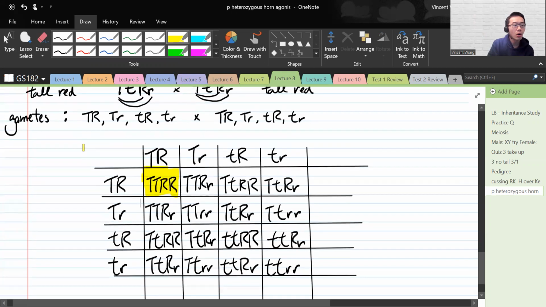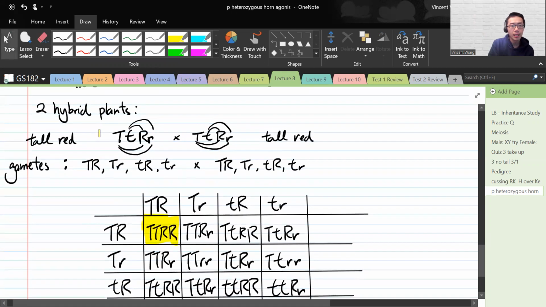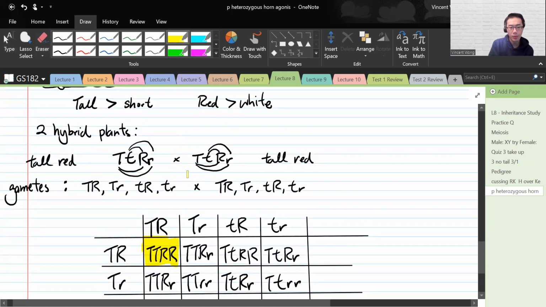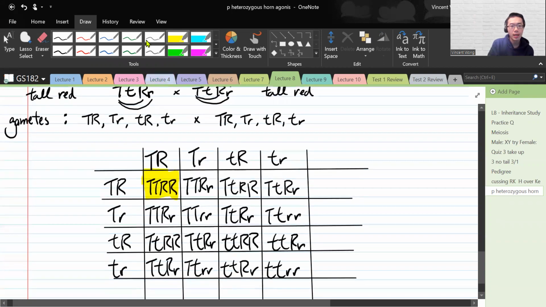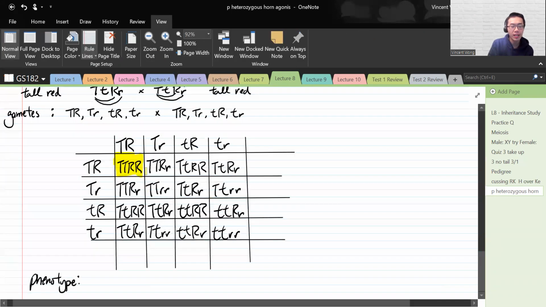Big T is tall, right? And big R is red, right? So this is tall and red. Now we're gonna go and try to find everything that's tall and red. Next one here. As long as you have a big T is tall, as long as you have big R is red. So that's tall and red, tall and red, tall and red. All these are tall and red, as are these.